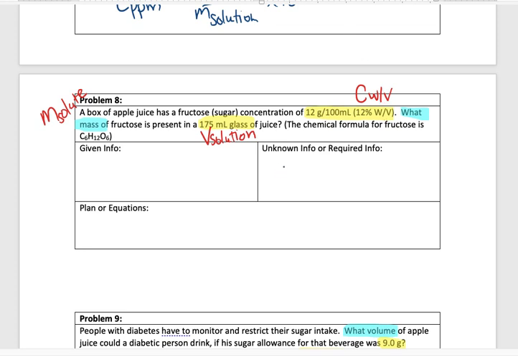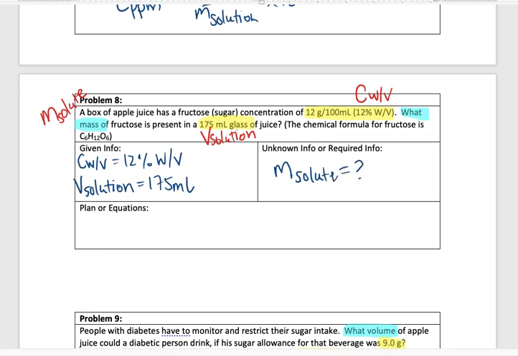So let's get these, oops, that's given. All right, there's the concentration. We know the volume of the solution is 175 milliliters. And then we need to get to a mass of the solute.